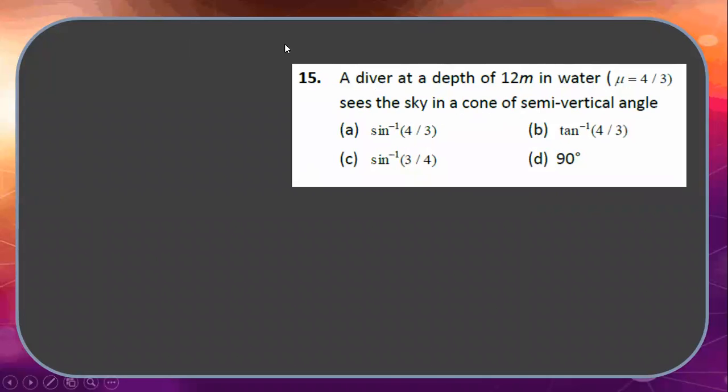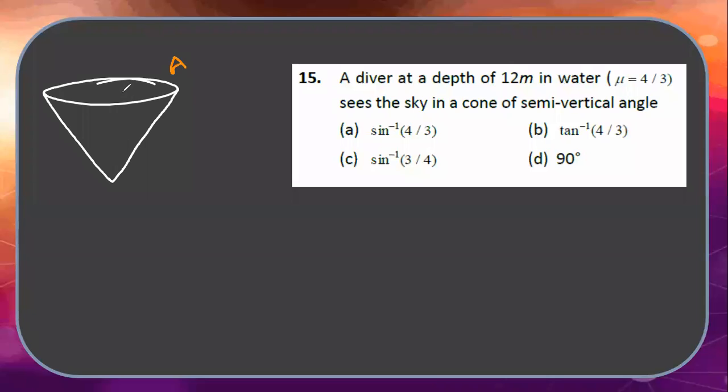A fish or a diver in the water will see the outside world in a conical shape of cross section area A, with vertex angle 2c, like a semicircular zone.